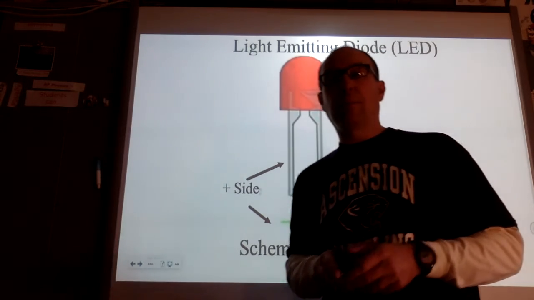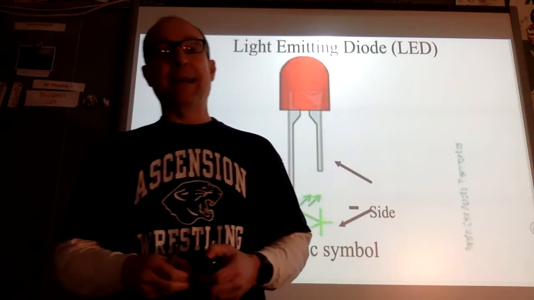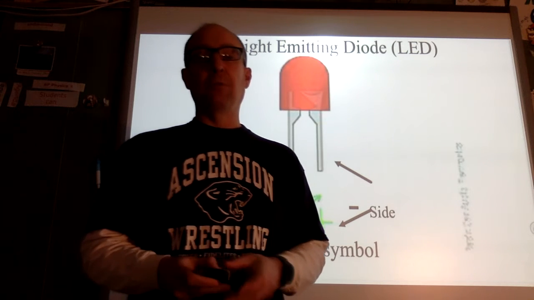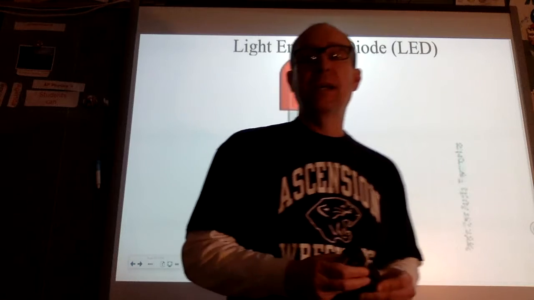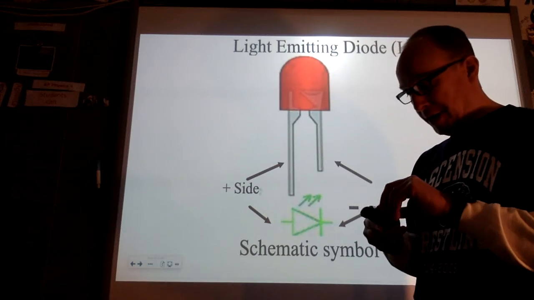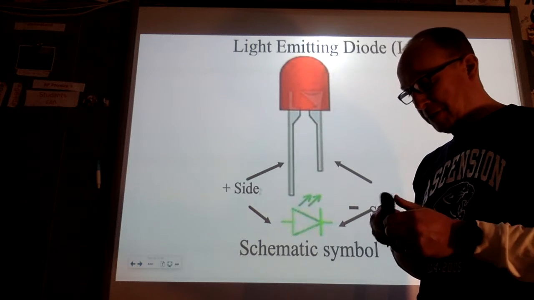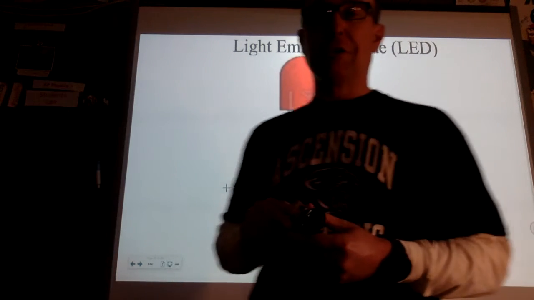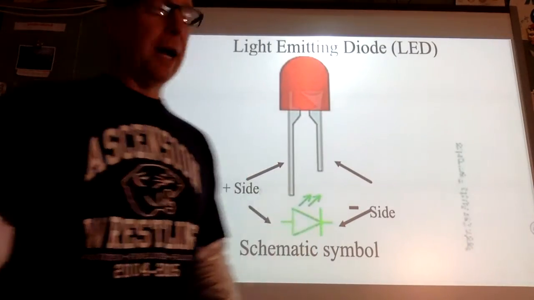LEDs work by electroluminescence, which you don't need to worry about, but it's a controlled drop. And so we don't lose any energy to heat in these situations. So we have an electron that is changing energy levels very specifically, and it gives off a specific amount of energy from that drop.